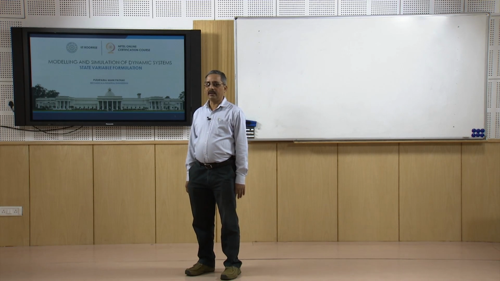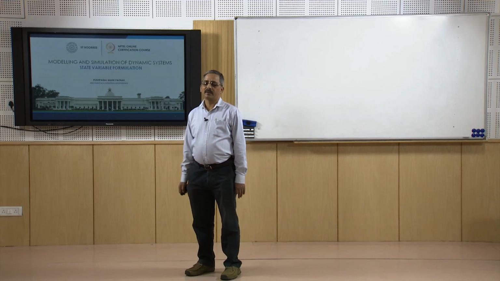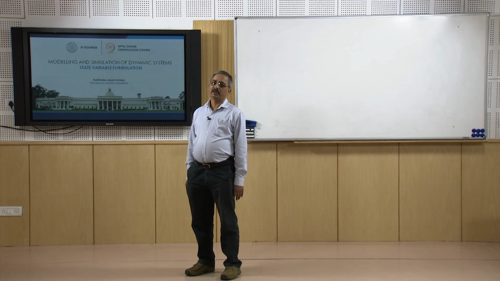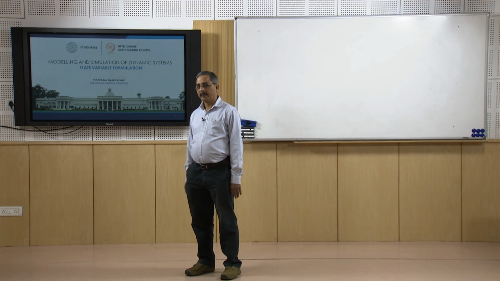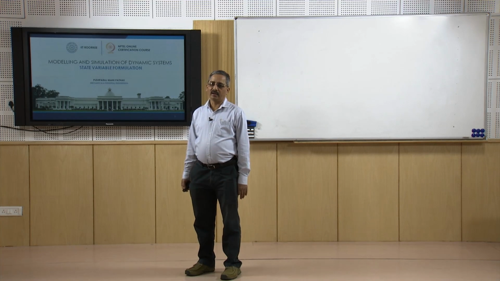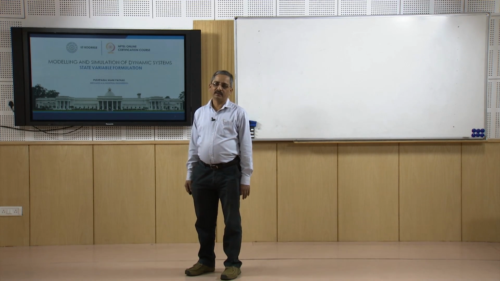So, till now in some of our earlier classes we have seen the transfer function approach for finding a relation between output and input, but the transfer function approach has certain limitations. It is done in the complex domain.